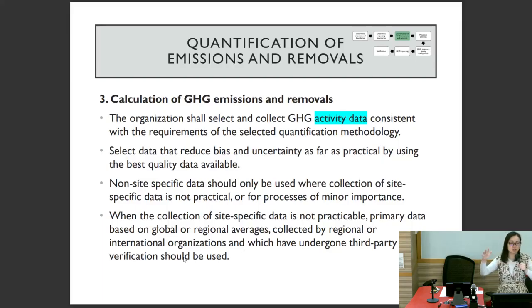So same, use local data as far as possible. Maybe the one directly measured on site. If this is not available, then you can refer to some local emission factor. If local emission factor is not available, then refer to some regional emission factor. And if this is still not available, then refer to international guidelines.